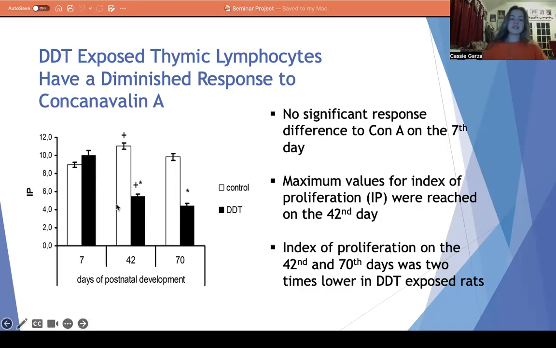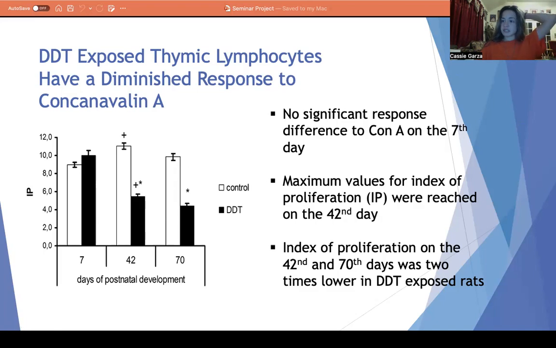As you can see, the DDT exposed subjects have almost half of this. And then even going into adulthood, they retain levels that are less than half of what the proper level should be.